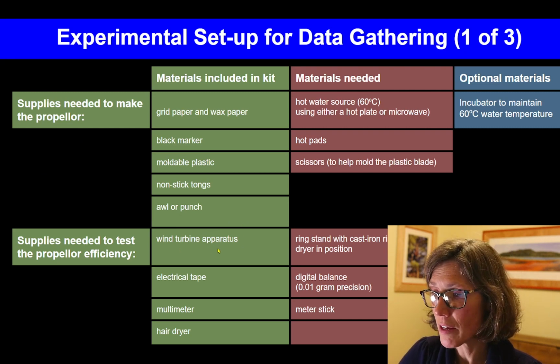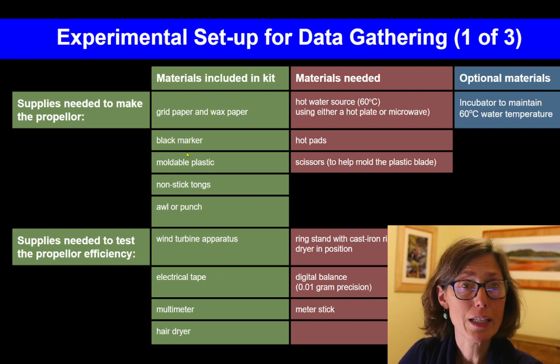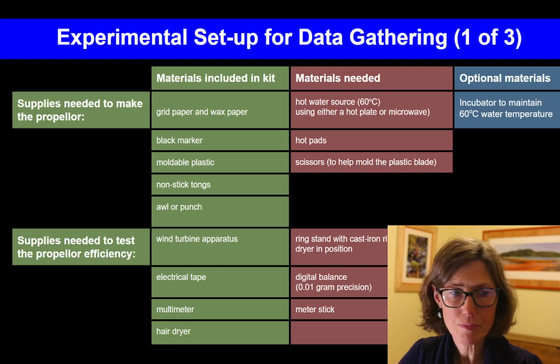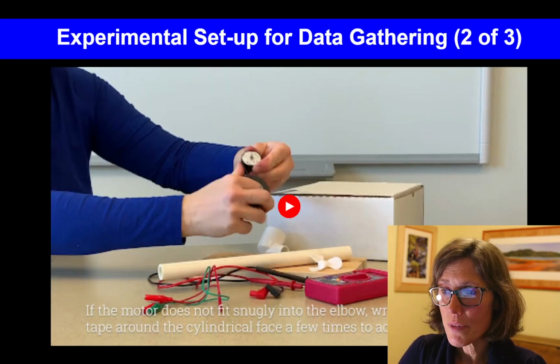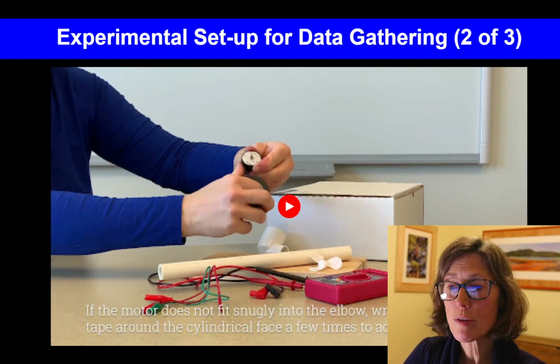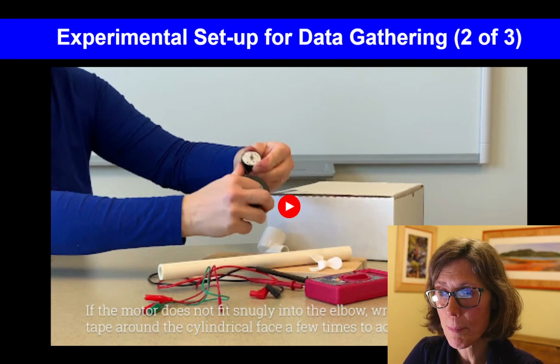And then the second thing that you would need is the actual plastic, the moldable plastic that can be used to design the actual blade and create it. This video helps you to actually set up that windmill and explain how to assemble it when it comes as part of a kit.